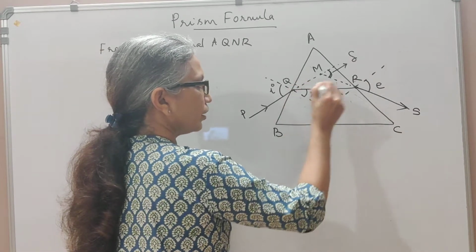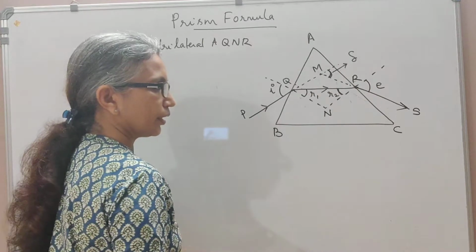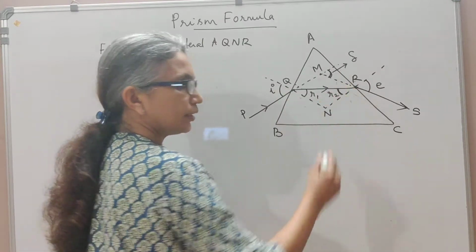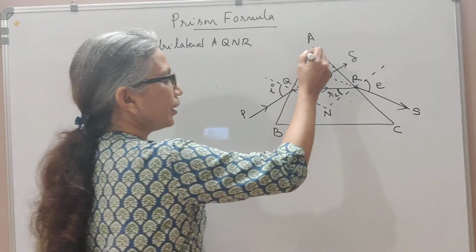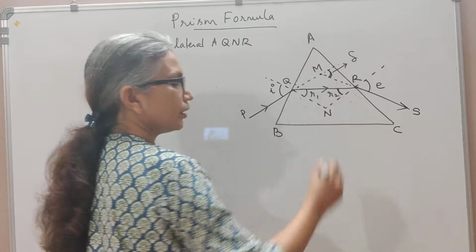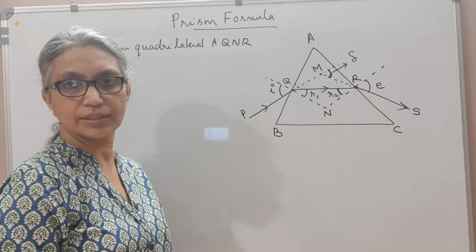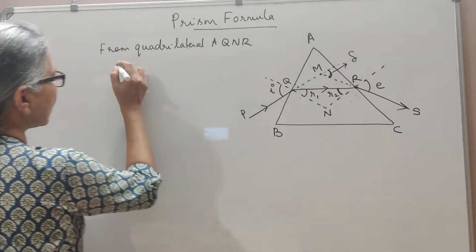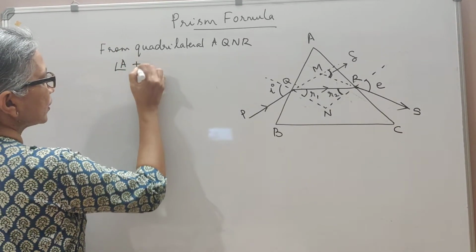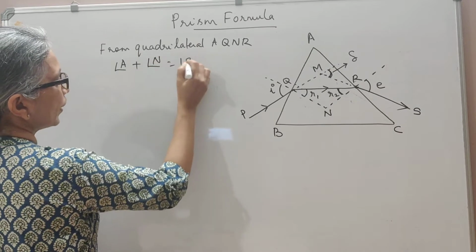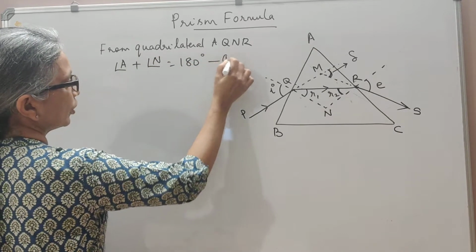So this angle and this angle are 90 degree. So this 90 plus this 90 is 180. So remaining angle A plus angle N must be the remaining 180 because total sum of angles for quadrilateral is 360. So I may write angle A plus angle N equal to 180 degree, which is my first equation.